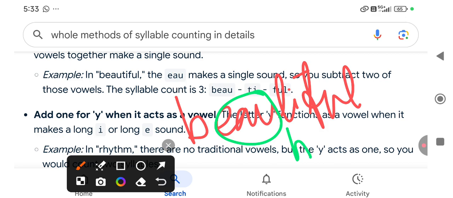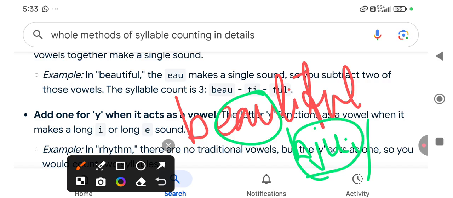So when you write it, it will be written as bu, then ti, full.